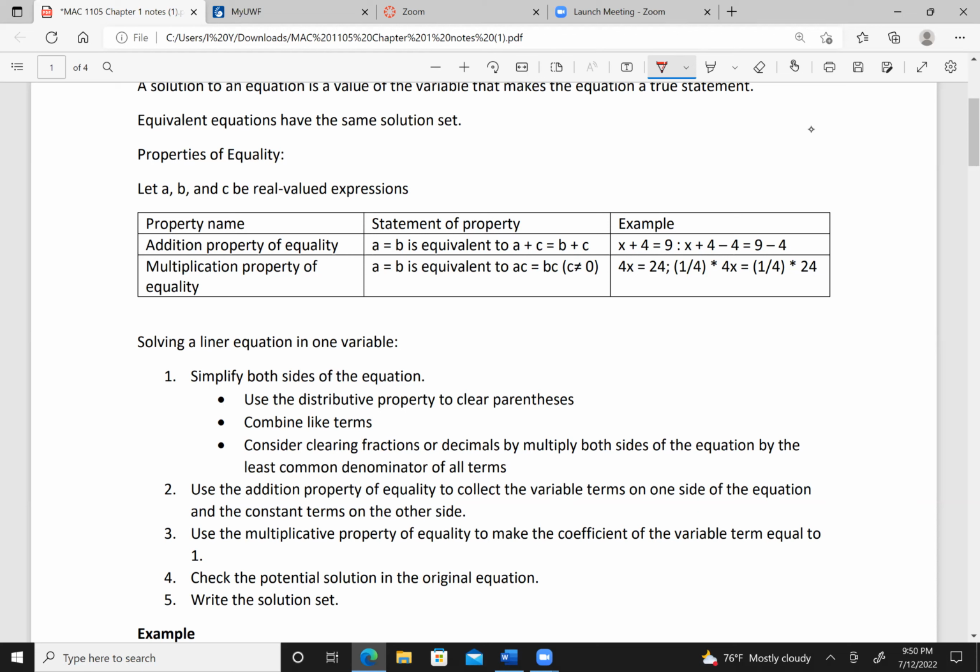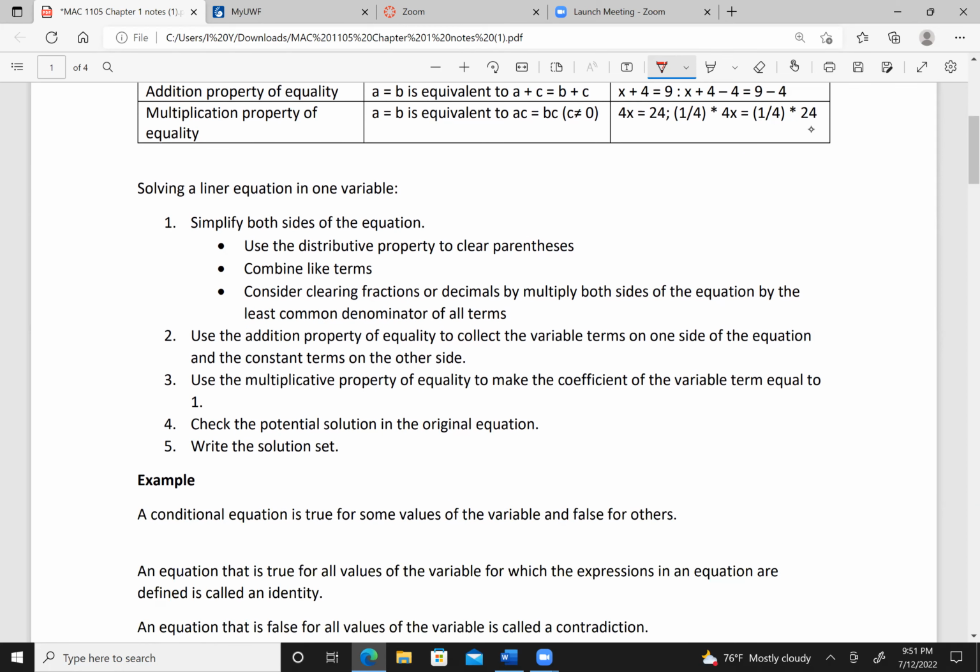Likewise, we have the multiplication property of equality, where if a is equal to b, then a times c is equal to b times c, where c does not equal 0. Again, something you've dealt with. It works for division as well, because again, division is just multiplying by the reciprocal.